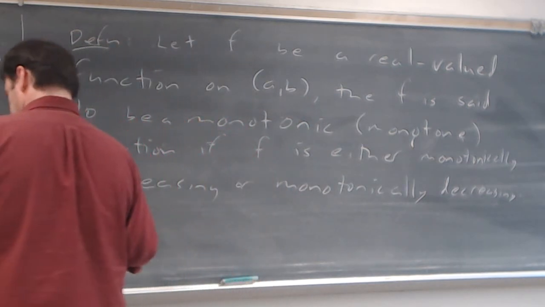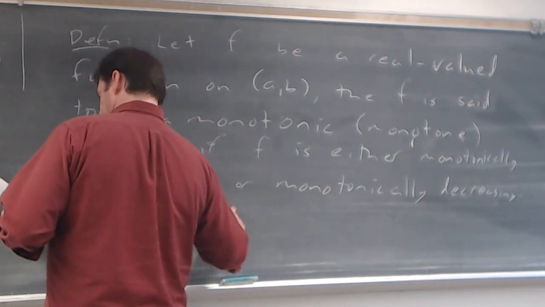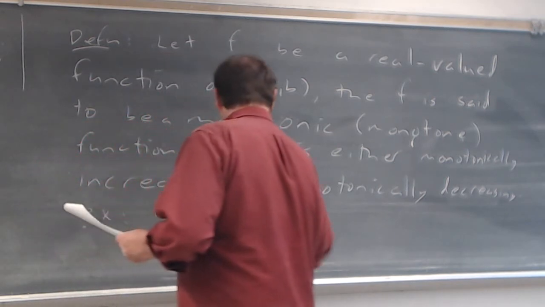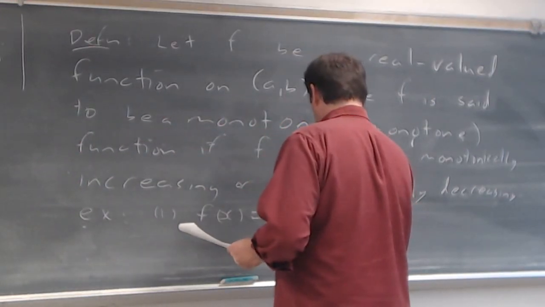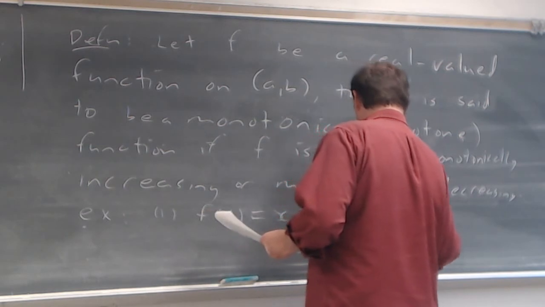And as an example, first of all, several examples, we have f of x equal to x. That is monotone, it's monotonically increasing.